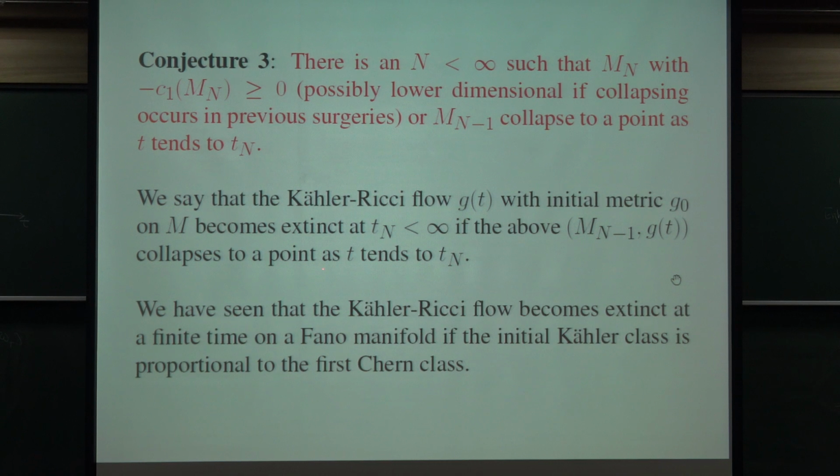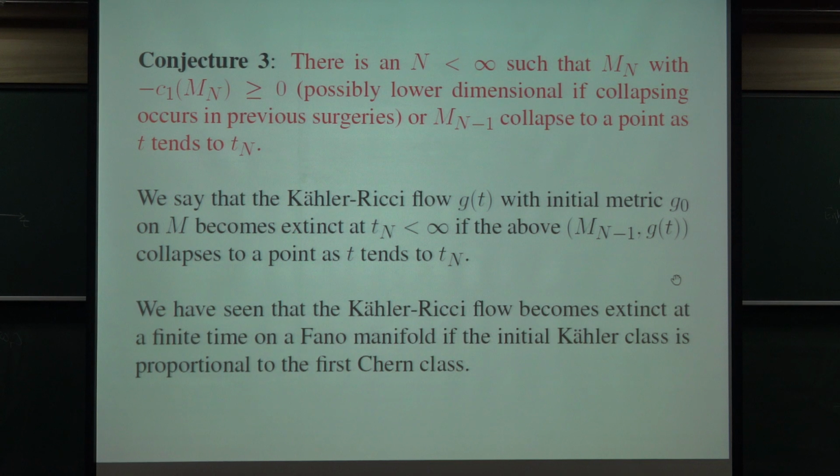When the Kähler-Ricci flow g_t with initial metric g_0 becomes extinct after finite surgery, it collapses to a point as before. I have seen the Kähler-Ricci flow becomes extinct in finite time on a Fano manifold if the initial Kähler class is proportional to the first Chern class. This Fano manifold, or a manifold with positive first Chern class, corresponds to the Poincaré conjecture in the dimension 3 case.